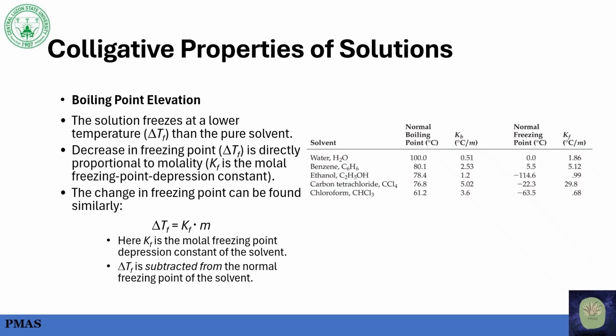Next, this is freezing point depression, wherein the solution freezes at a lower temperature compared to the pure solvent. The decrease in the freezing point, delta T sub F, is directly proportional to the molality multiplied by the freezing point depression constant of the solvent.